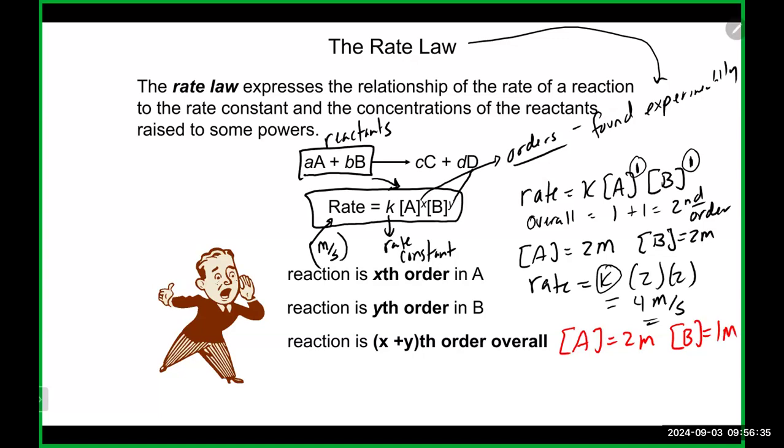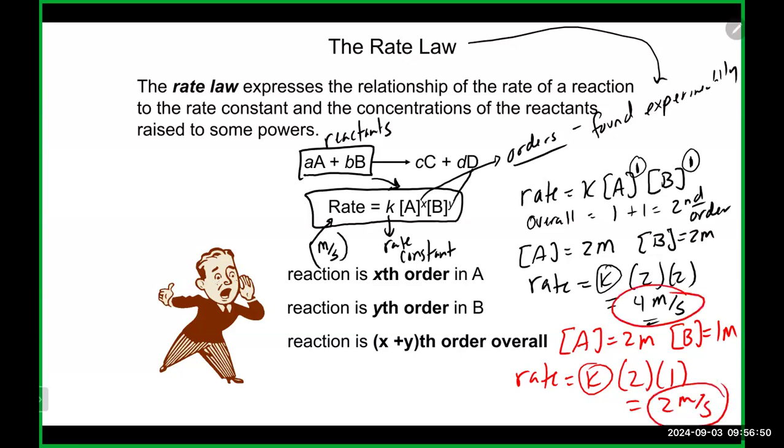If I run another experiment and put that in, my rate would equal, again not worrying about k in this case, 2 to the 1 and 1 to the 1, which would give me something like 2 molar per second. So if I did the original reaction with those concentrations and found that it's too quick for me to take measurements, in this case I could cut the concentration of B in half. And what happened to the rate when I cut it in half?